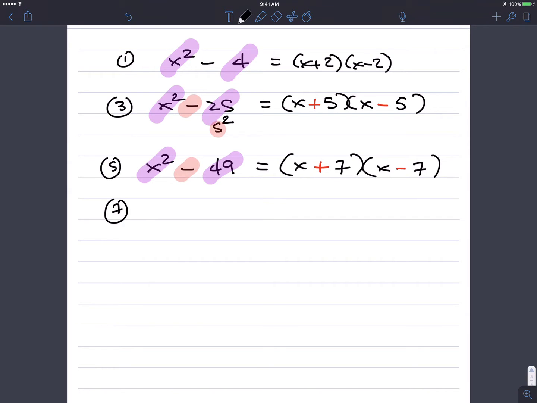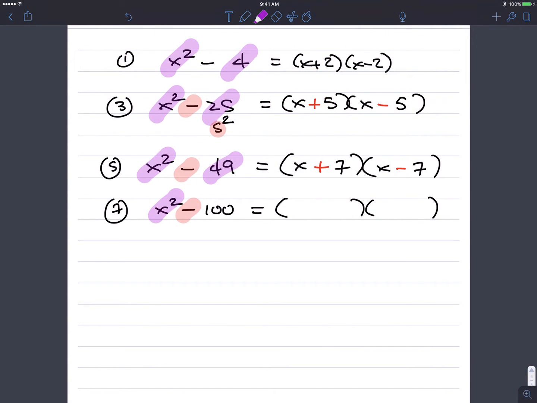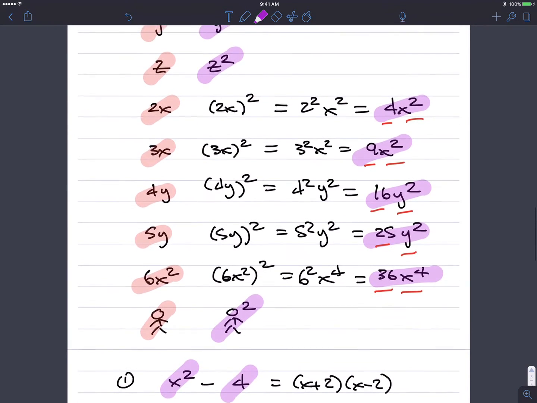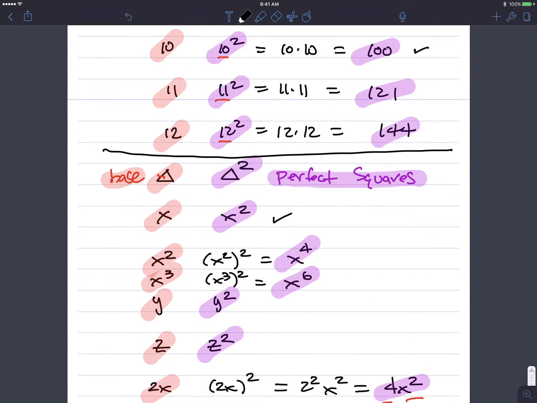Number 7. X squared minus 100. Okay. Notice I have a difference. And then I have x squared, a perfect square. Is 100 a perfect square? How do we know? Let's go back. Let's look in the list. 10 squared? Yep.